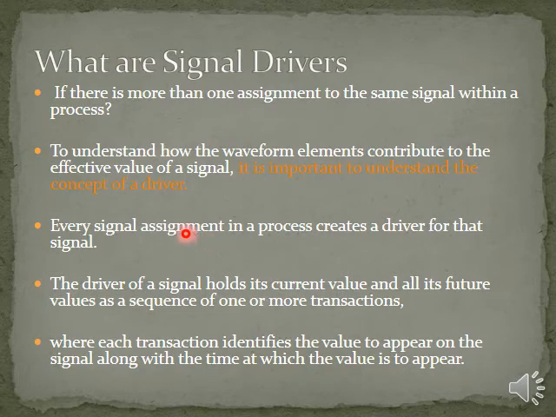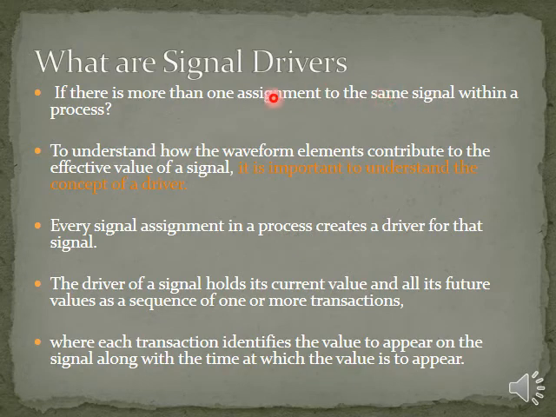We know how to use the assignment statement. But if more than one assignment is made to the same signal, for example, signal assignment statement A <= A and B, and next, signal assignment statement A <= C and D, here the signals are the same.